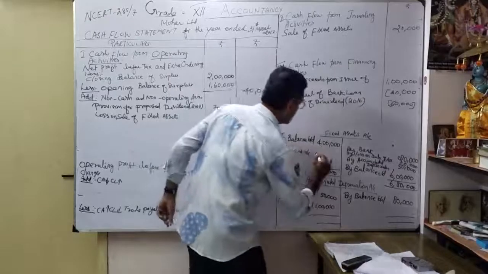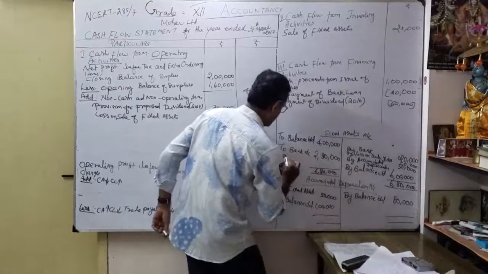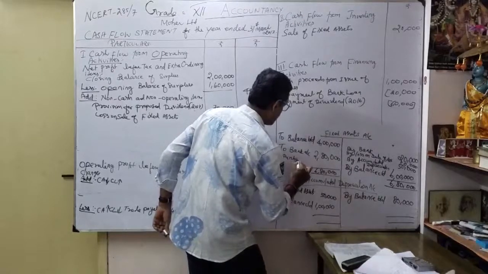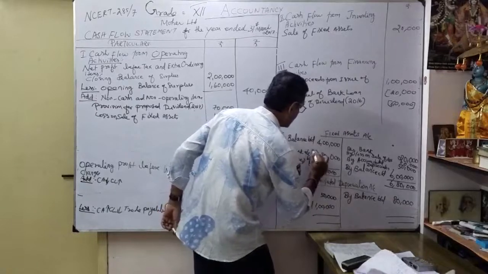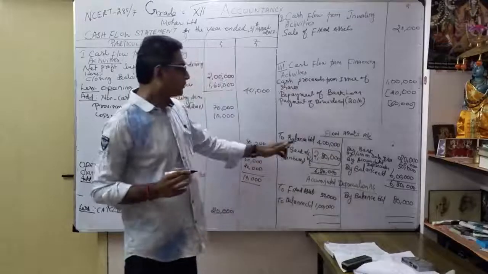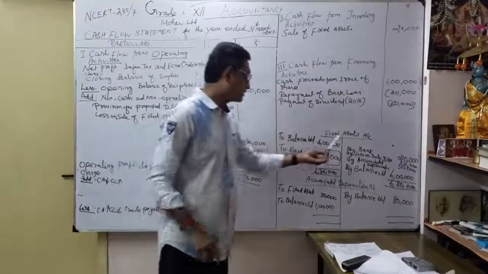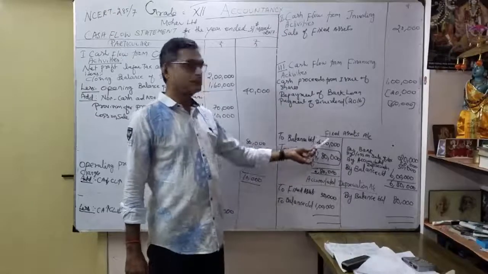How much? 2,80,000. This is what? Nothing but purchases. Purchases of fixed asset. This is called the balancing figure. You put like this for highlighting. So the preparation of this fixed asset account, you find out what? 2,80,000 is purchase of fixed asset.